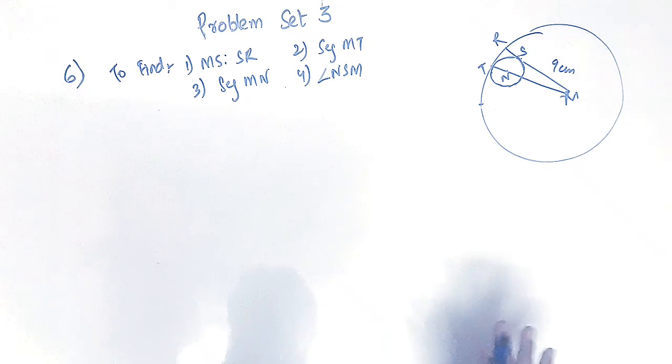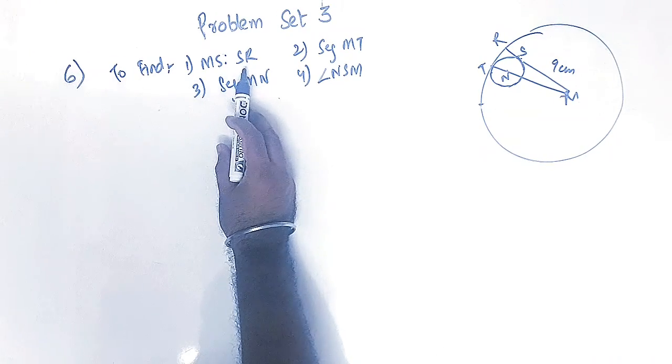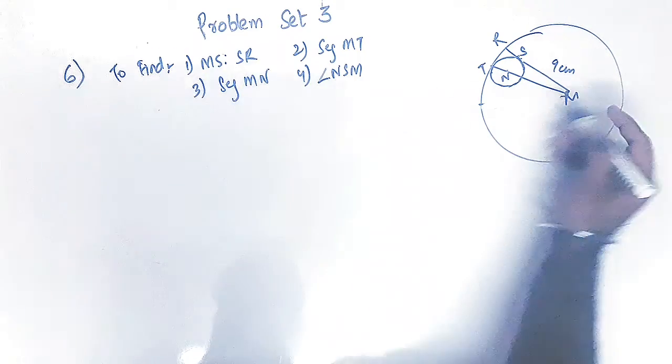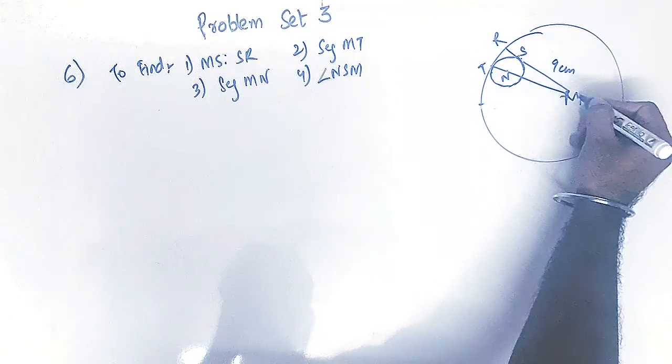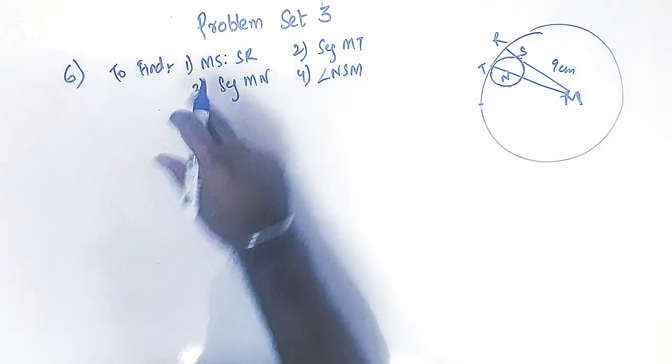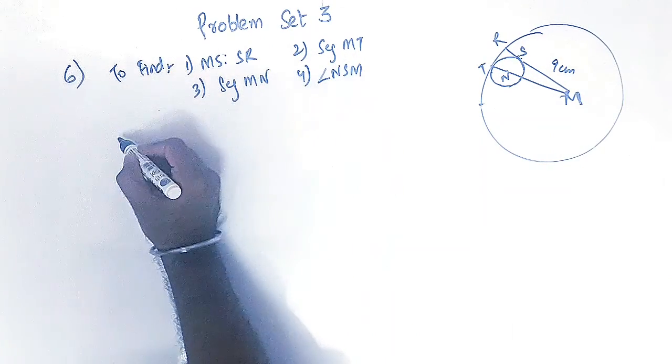So there are two circles with radii 9 centimeter and 2.5 centimeter respectively. Now what they have asked is to find the ratio of MS to SR, which we will find in the end. Then we have to find segment MT, which is very easy.